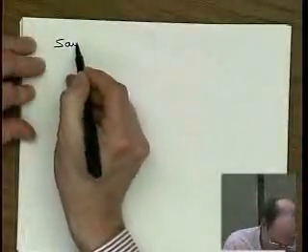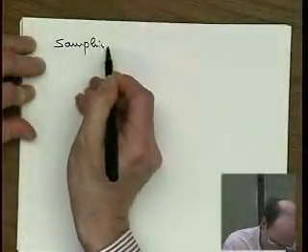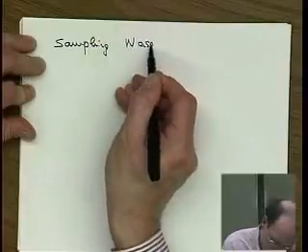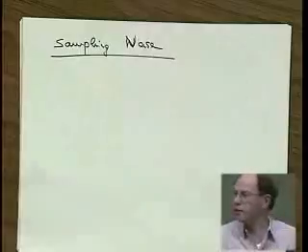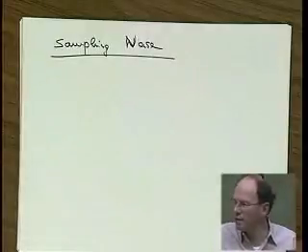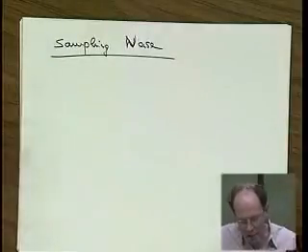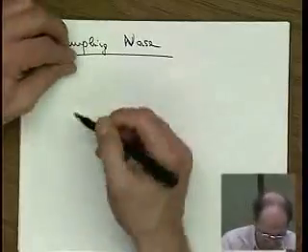Okay, so now we get to this concept of sampling noise. So nothing new. It's still noise. It's just yet another way to look at noise. And the way we are looking at noise here is a little bit different from before.